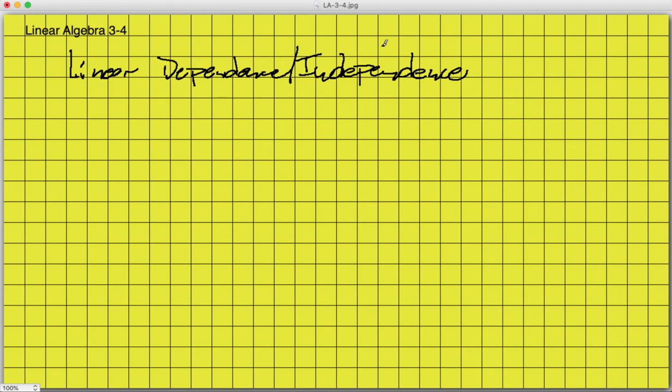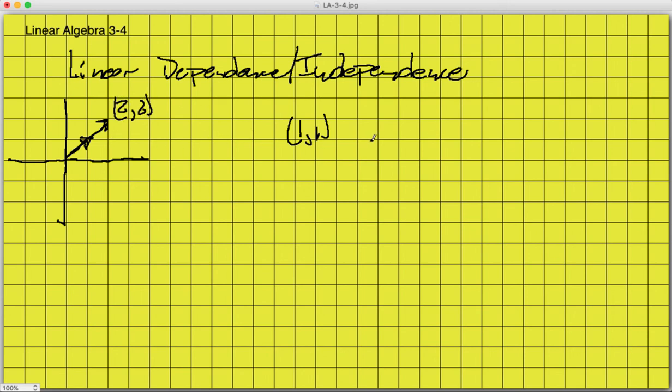And what I want you to think about is the following, and we talked about this briefly, that if we were looking at R2, and let's suppose we considered the vector 1, 1, and let's consider the vector 2, 2.